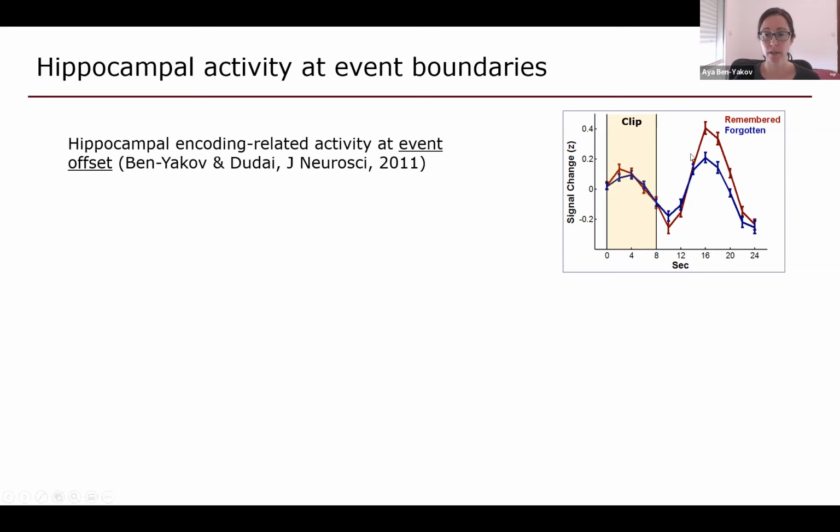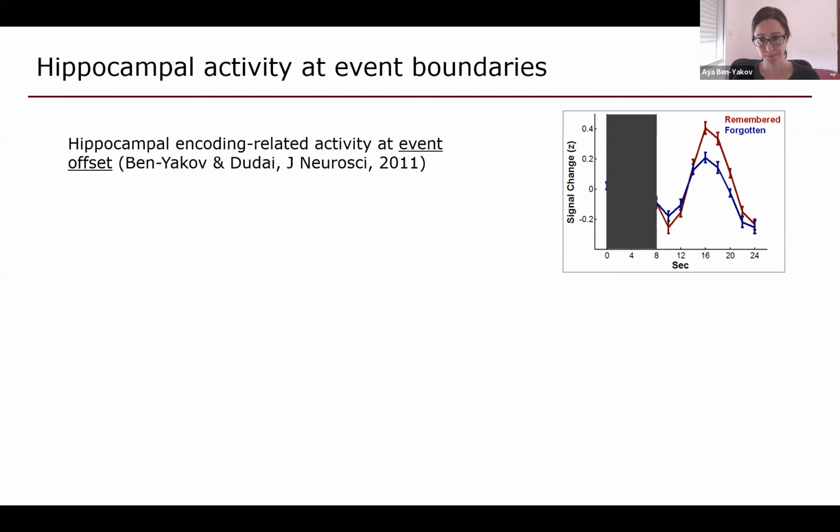Here you'll see there's a stronger response to remembered events compared to forgotten ones, in blue. And this response is very late in time. It's elicited at the offset of the event. So the encoding activity at the hippocampus only appears at the end of the event.